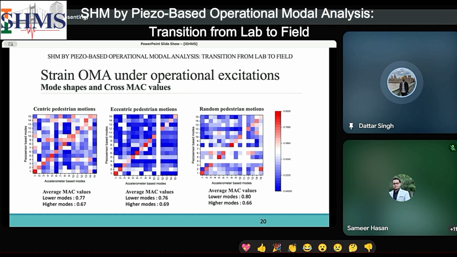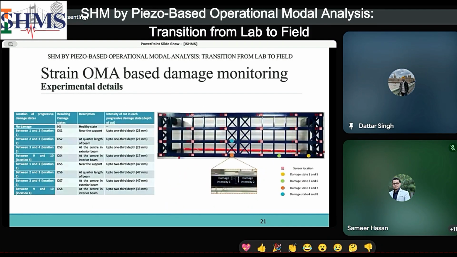But when we talk about the lower modes, which are of more importance, the random pedestrian motions give us better relative mode shapes. The reason is that in random pedestrian motions, the force is applied at all of the nodes. It can be at center or eccentric based on the pattern of the pedestrian motion.